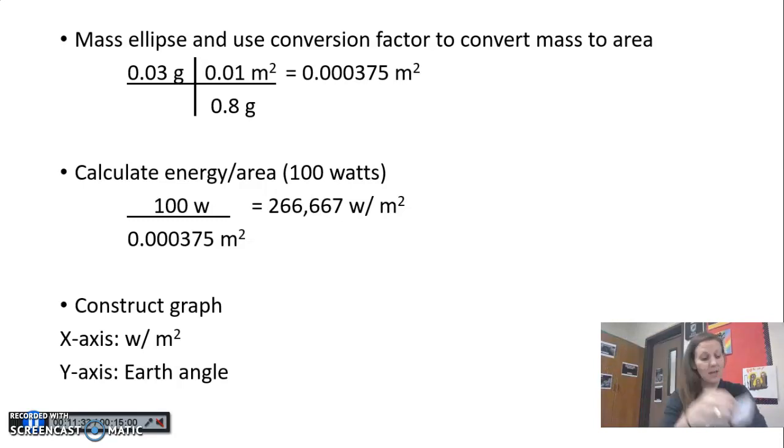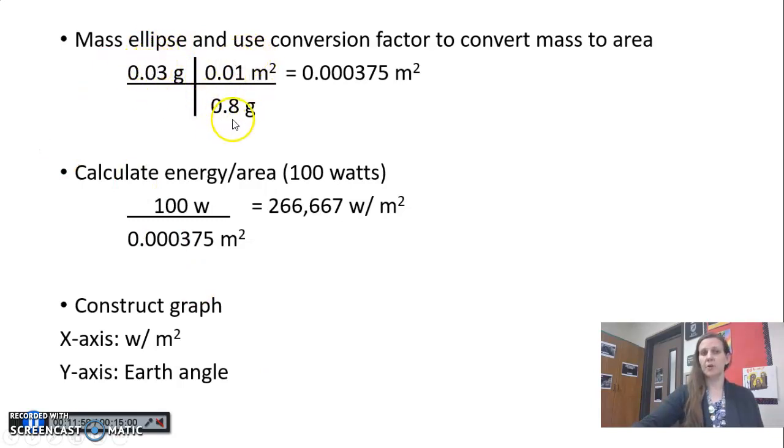All right? You're going to be using the same material. You're just going to be using a different amount of it. So we're going to mass it. You're going to put it on the mass balance and find out how much it actually weighs. So let's say that it weighs 0.3 grams.